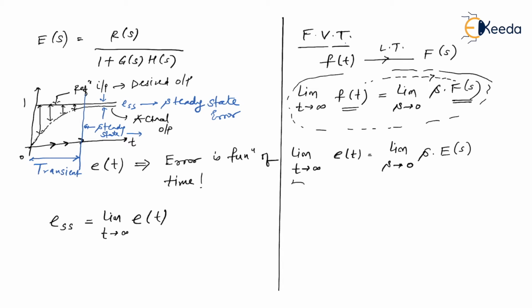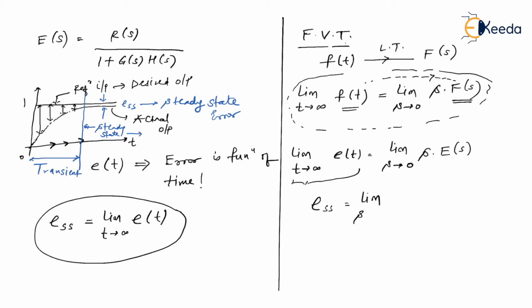You know what? This limit when t tends to infinity e of t is nothing but the steady state error, ESS. So on the left hand side, I can write ESS, which is equal to limit when s tends to 0, s into E of s.